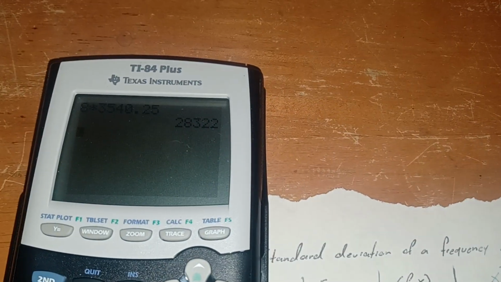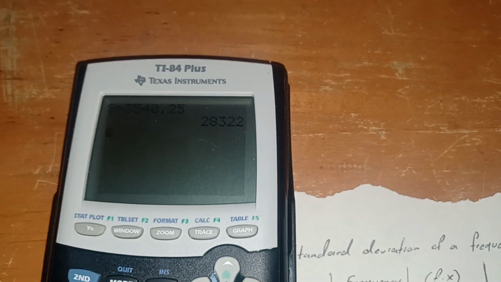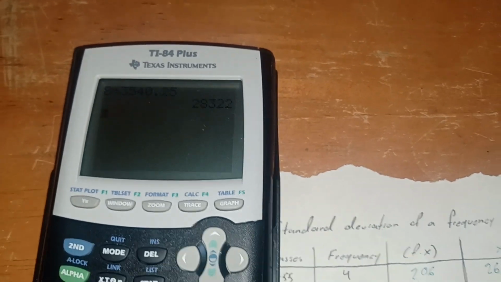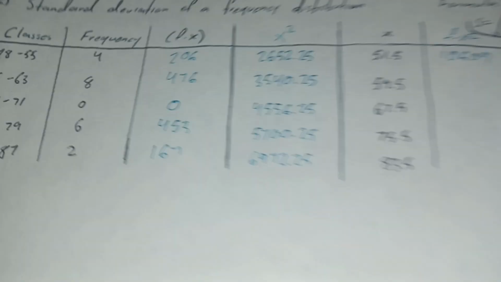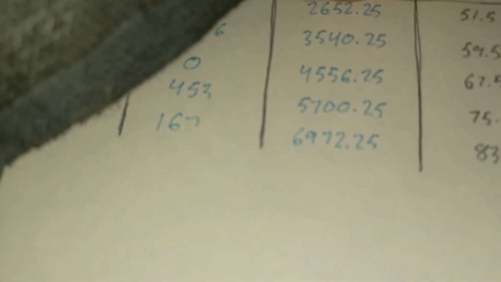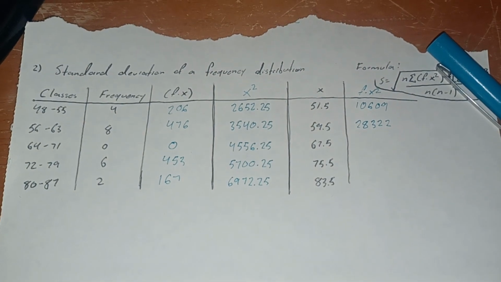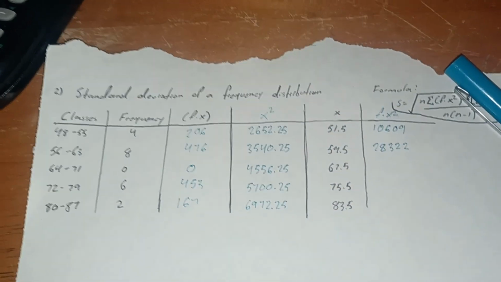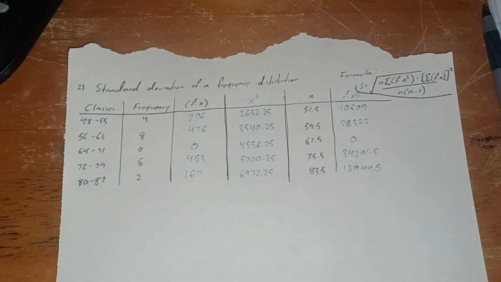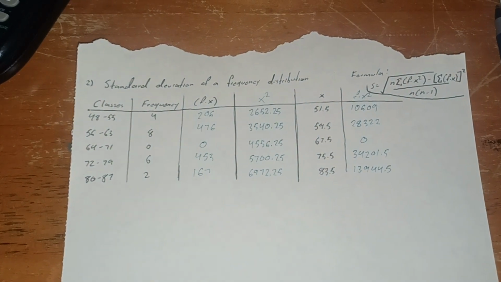That is going to give us 28,322. Just like that. So go ahead and compute for all of them, and we'll come back and we'll see what we got. Alright, so this is what we should have gotten for our f times x squared column.